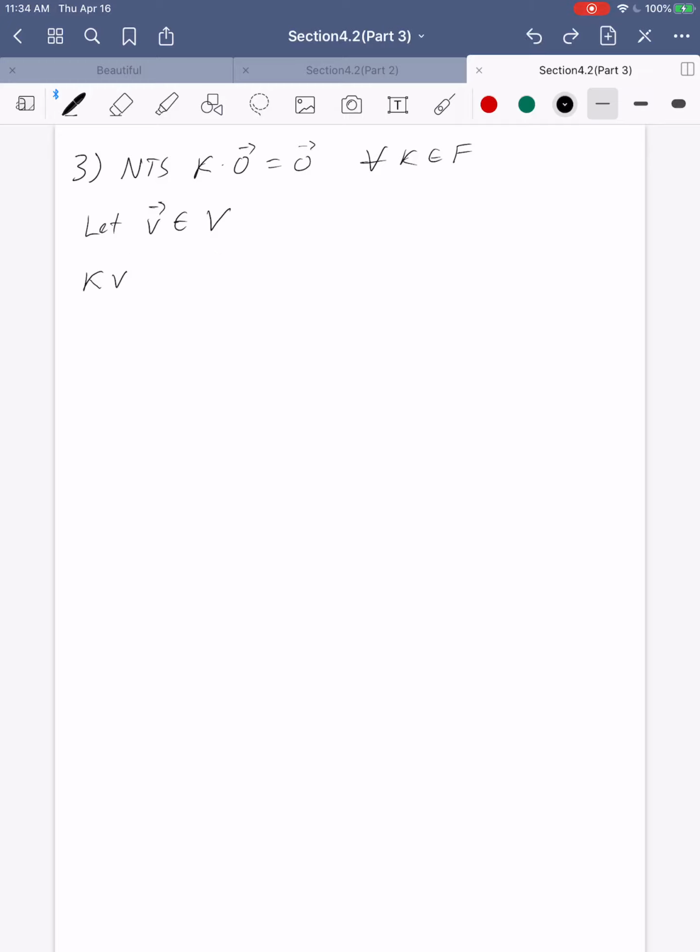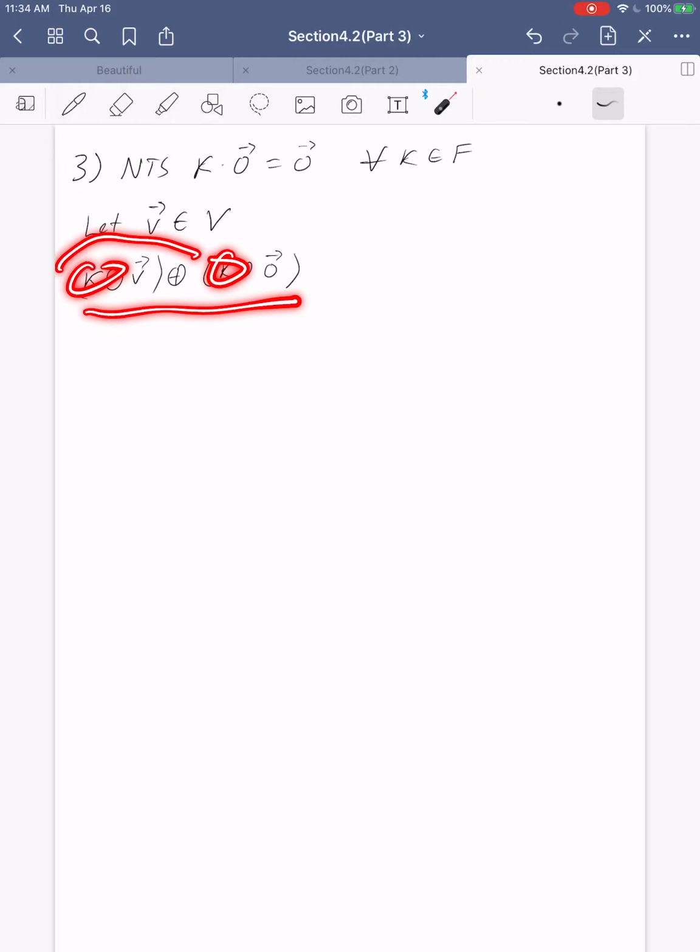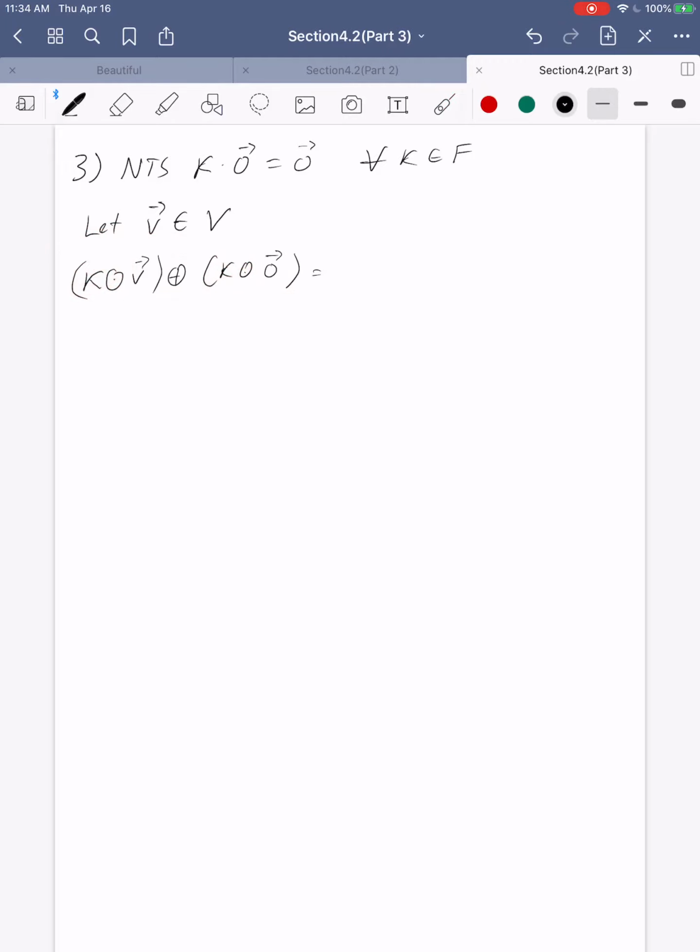My apologies here. k with v plus k scalar multiplied with 0. Okay, so what are we going to do with this? Well, we're going to imagine factoring this k out. So let's take this as k scalar multiplied parentheses v plus the 0 vector.